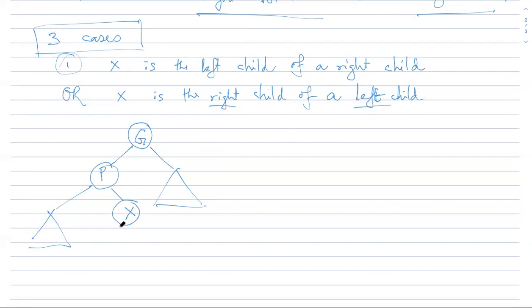And you have the subtrees, so let's label them. This is A, this is B, this is C, and this is D. So what do we do when X is a right child of a left child?